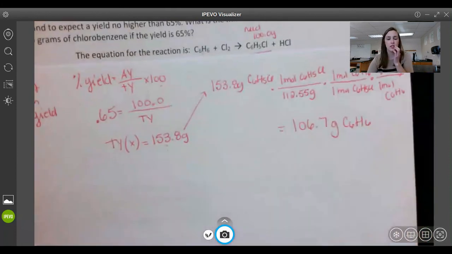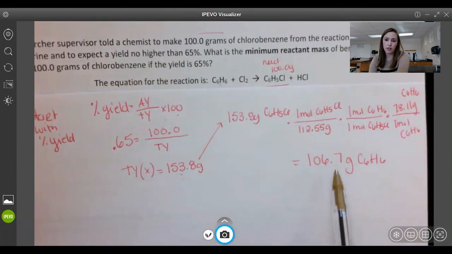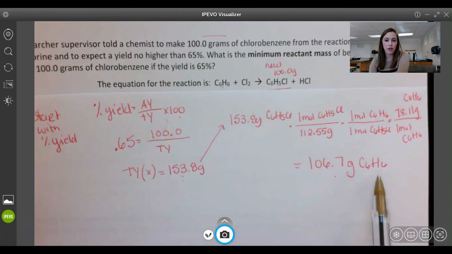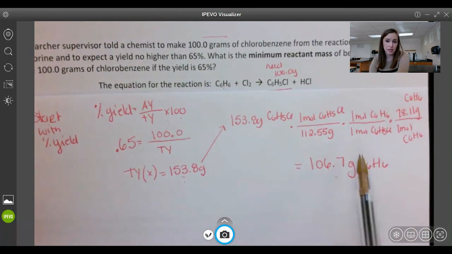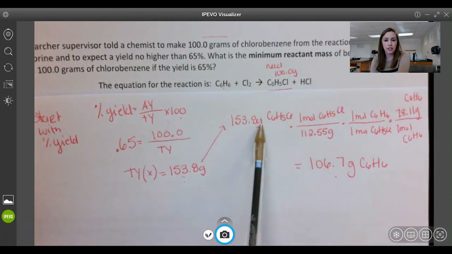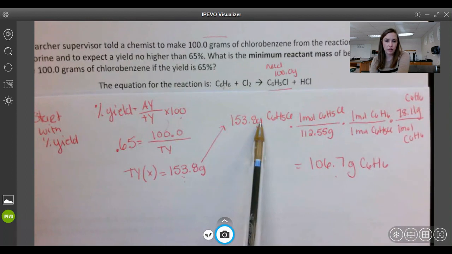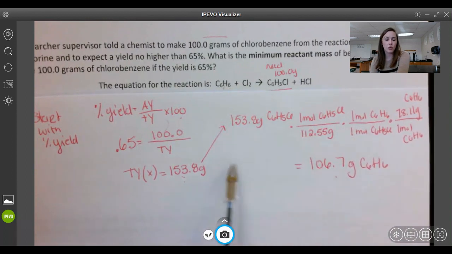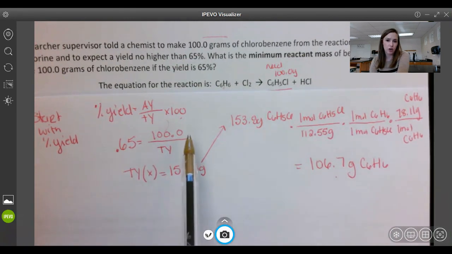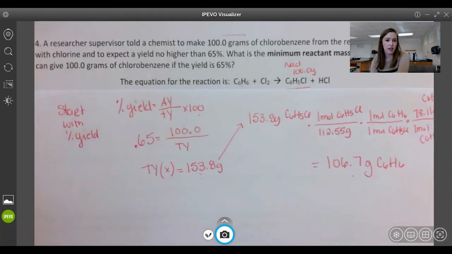So what that tells us is if the chemist starts with 106.7 grams of the benzene, theoretically he can produce 153.8. But because there's only a 65% yield from that, this starting mass of benzene will be able to get me that 100 grams of my chlorobenzene that I need.